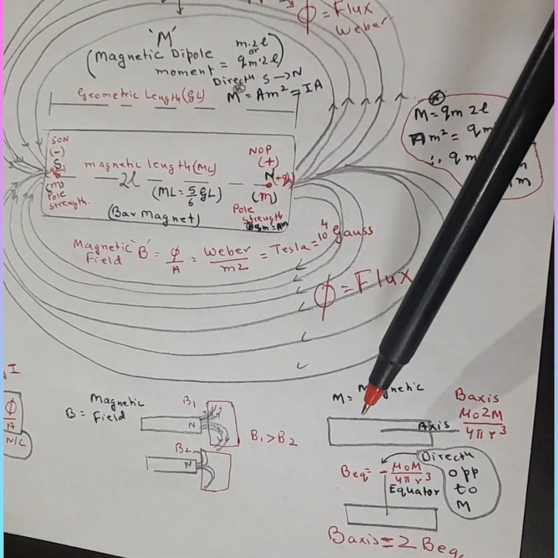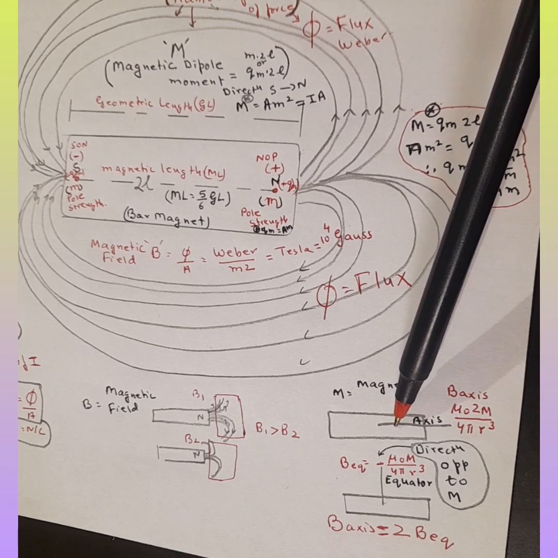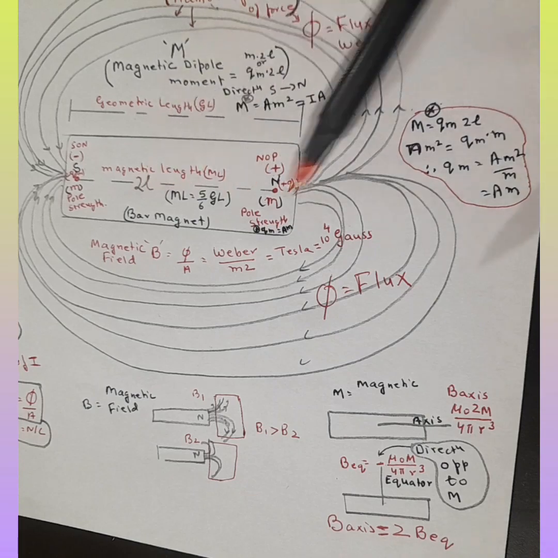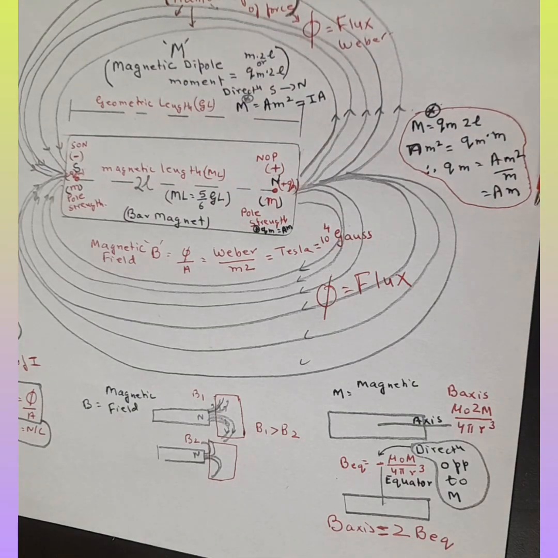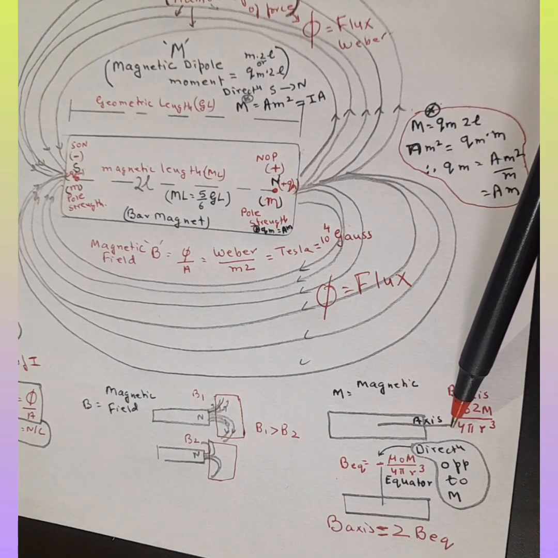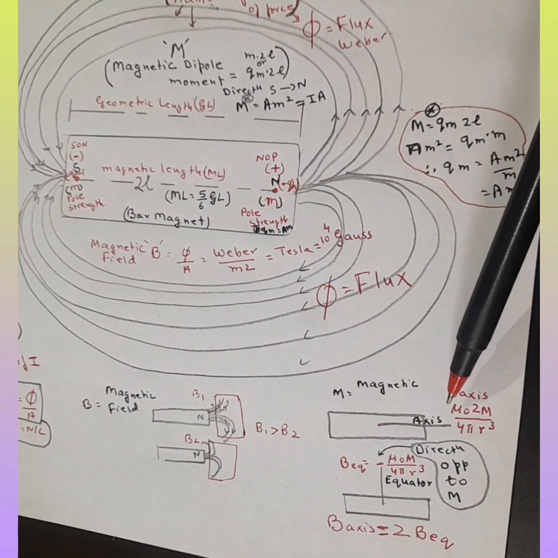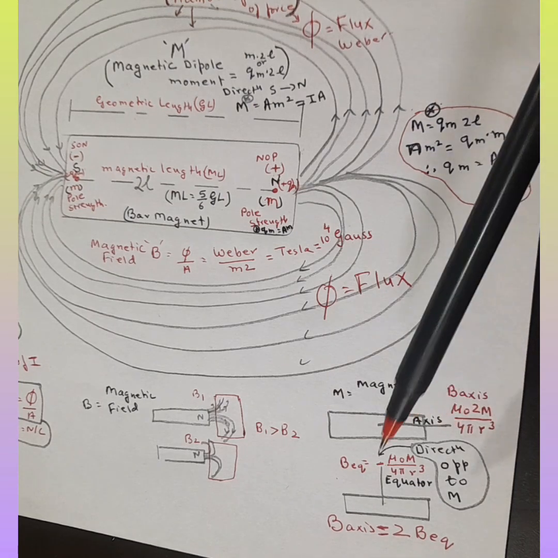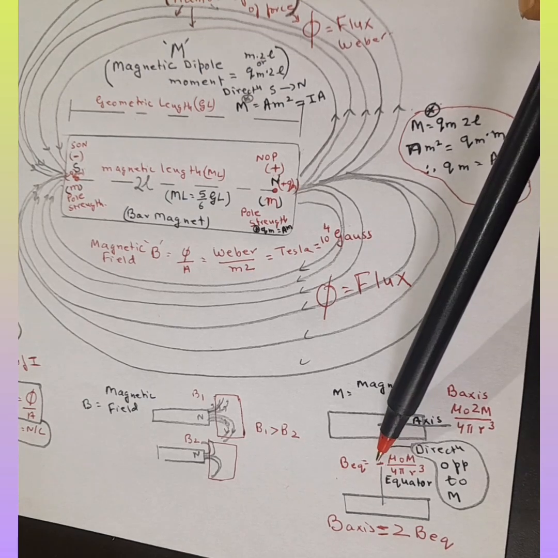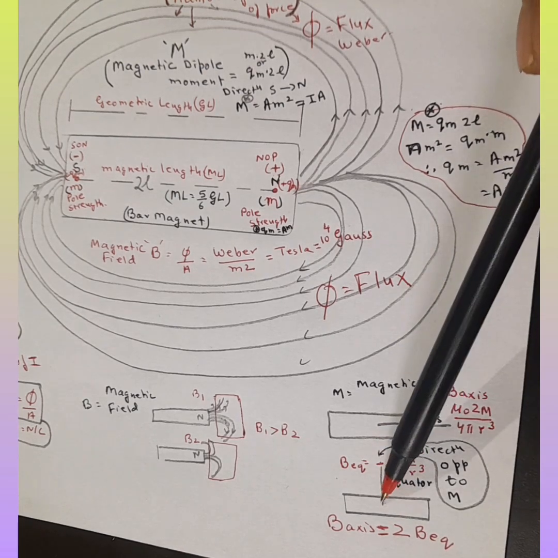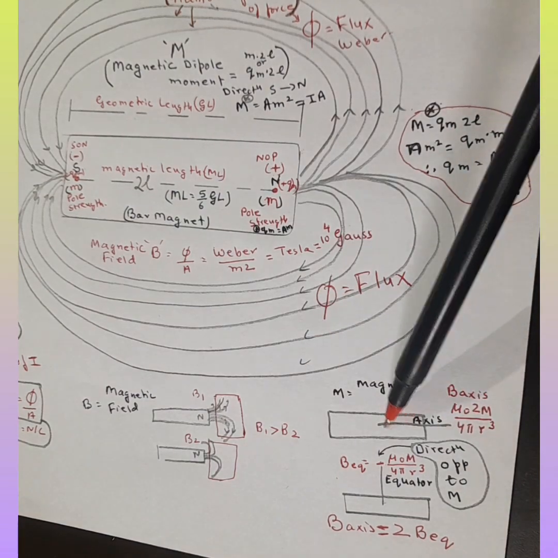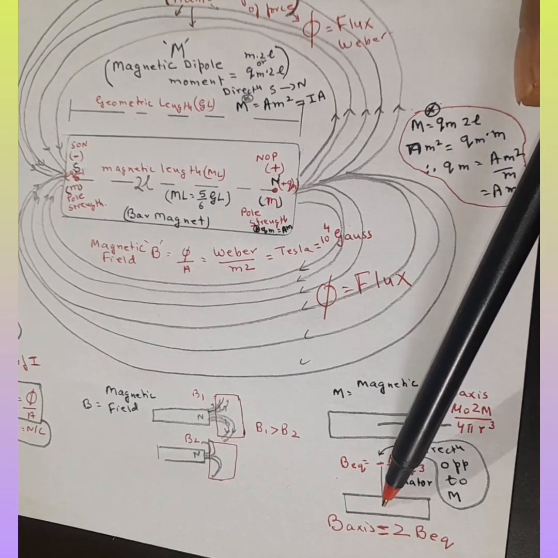Now suppose this is the point where we want to find B. From the center to the point is R. And in case of equator, from the center to the point where we want to find B is also R. Alright, so this is R, this is R. And obviously this is what is axis and this is what is equator.